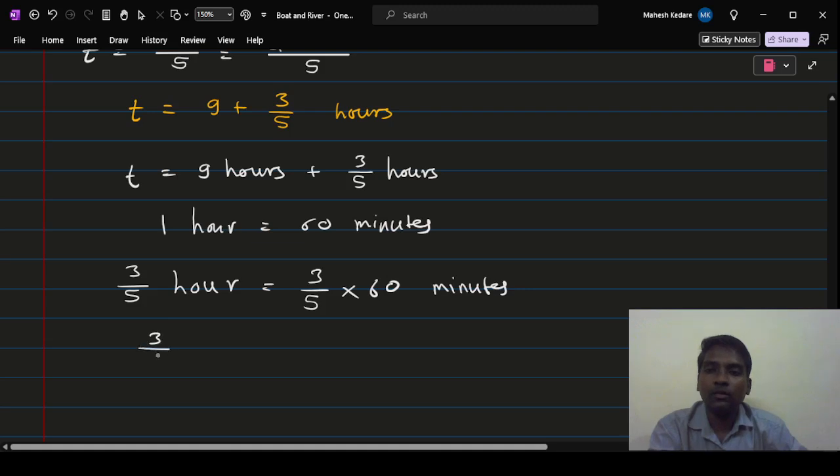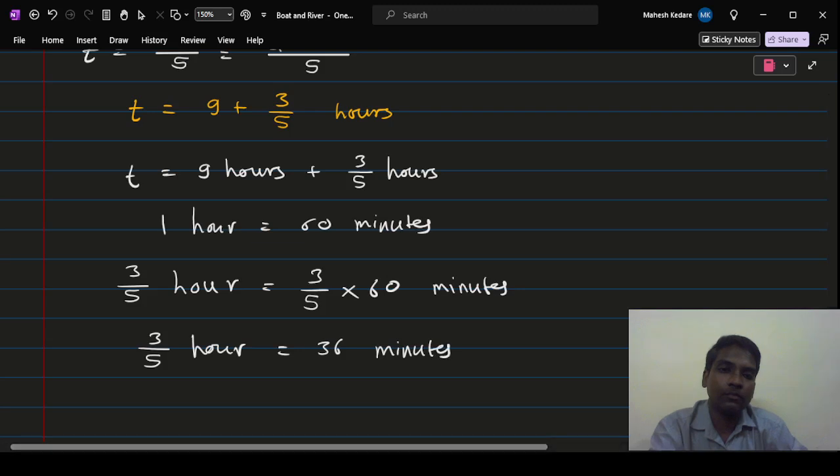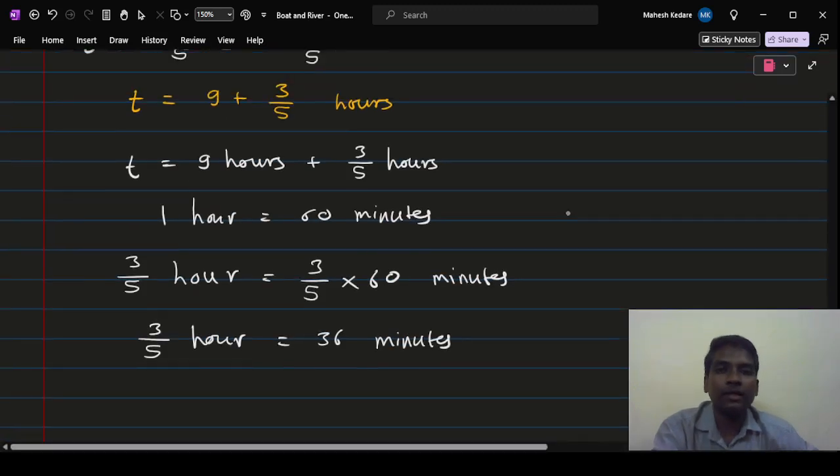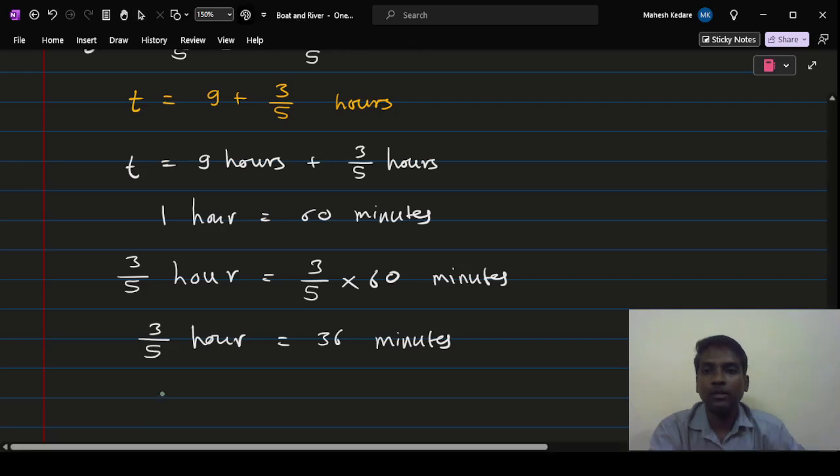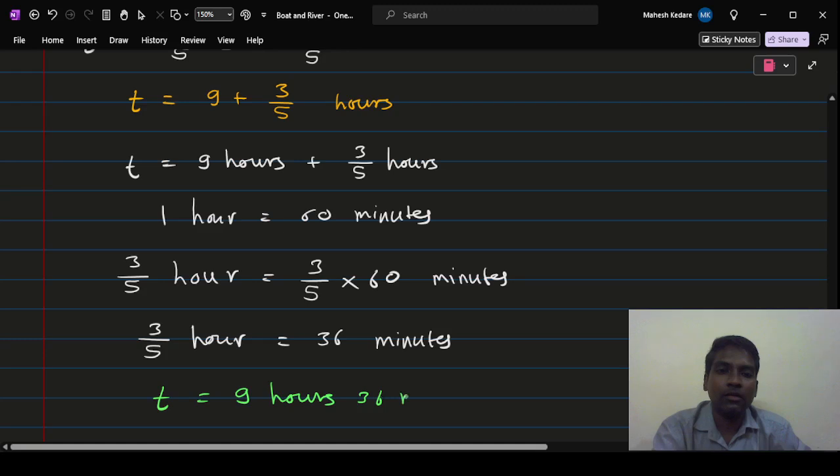So we find that 3 by 5 hour is equal to 36 minutes. So finally, the time taken to travel the same distance, which is 9 hours plus 3 by 5 hours, we obtain that time as 9 hours and 36 minutes.